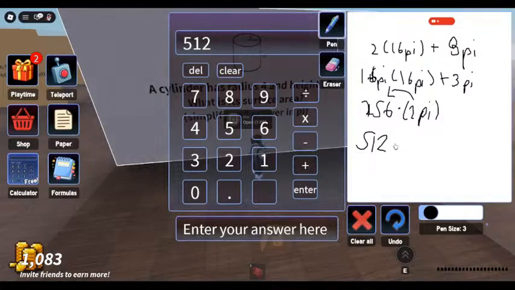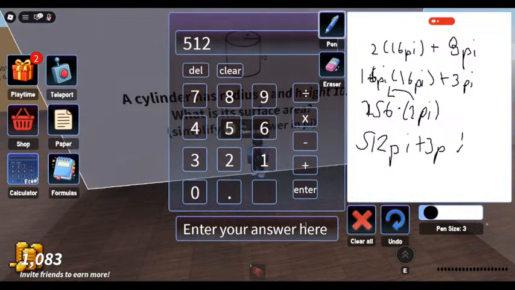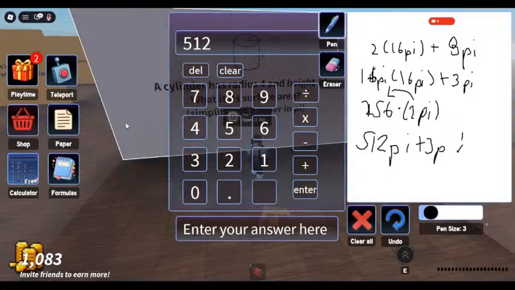Then we'll have 512 pi plus 3 pi. So then 515. No, I'm wrong.